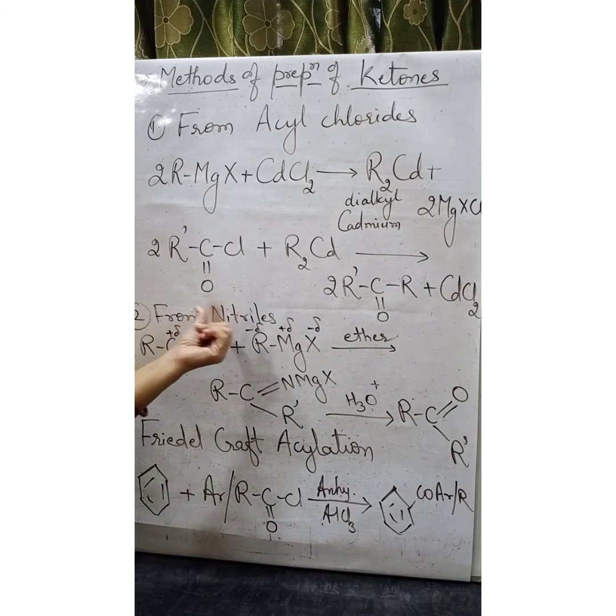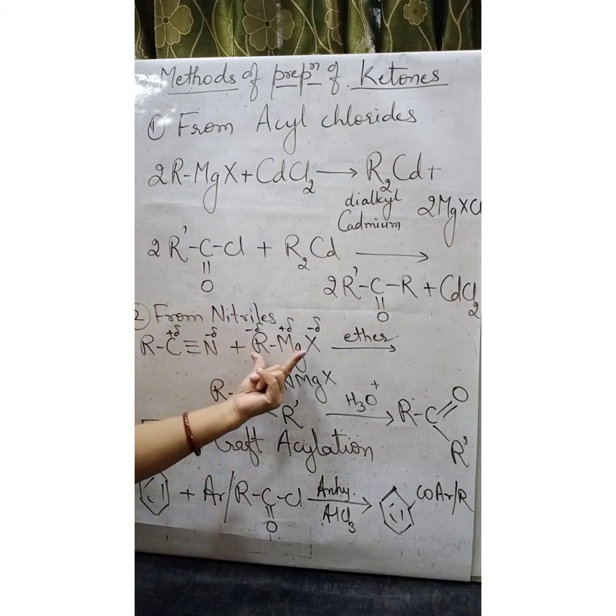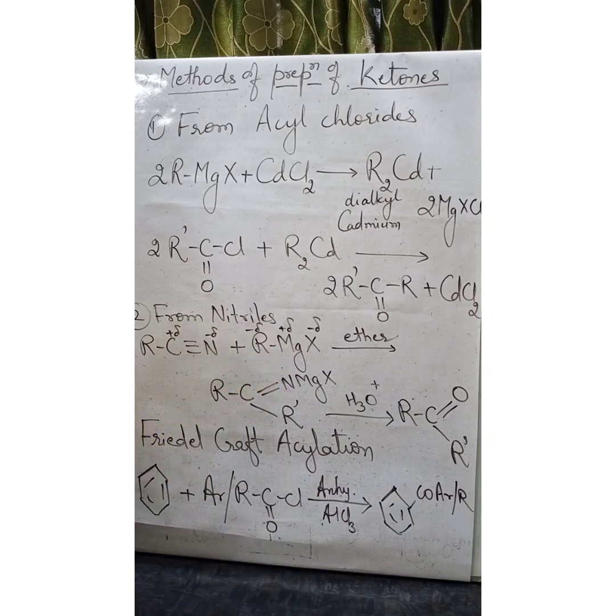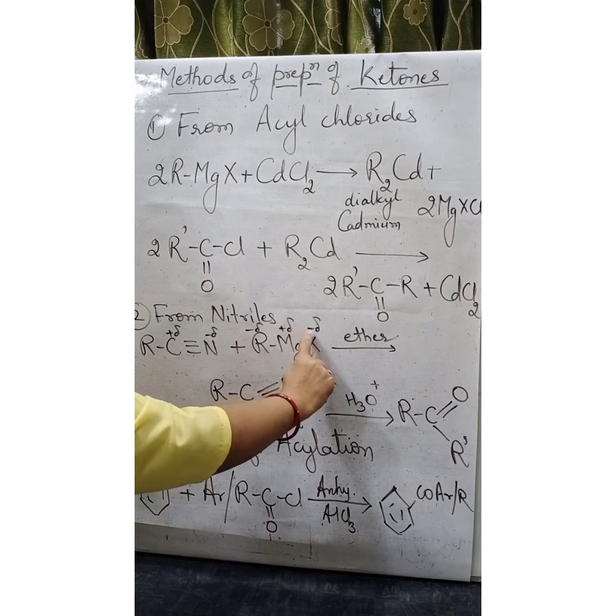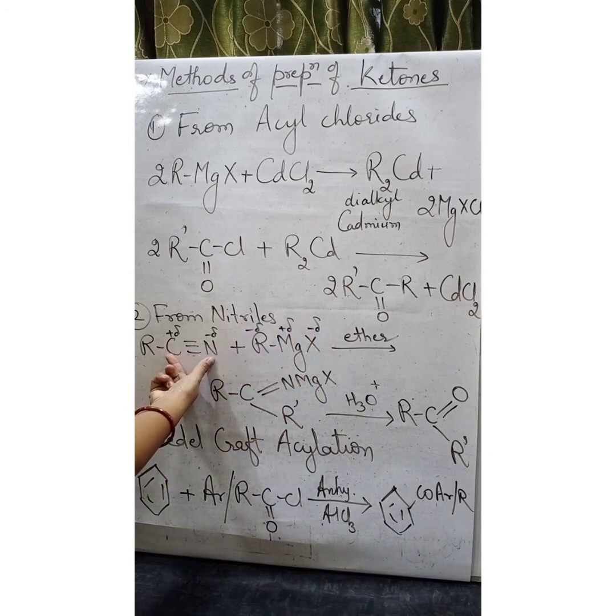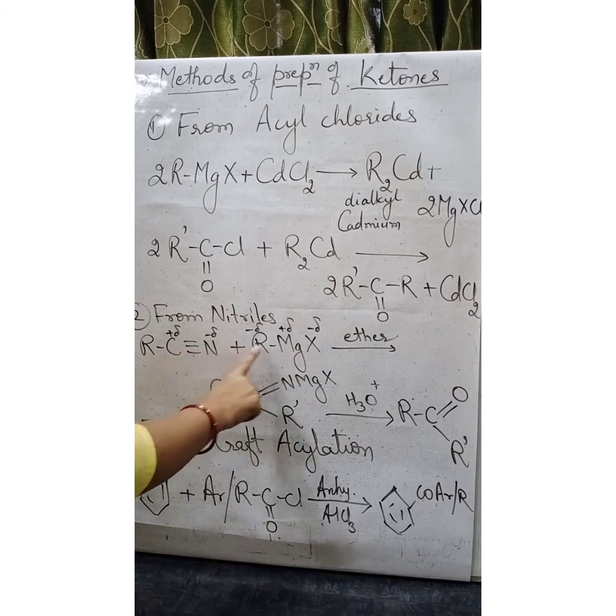It can also be prepared from nitriles. Nitriles on treatment with Grignard reagent. You can see Grignard reagent is δ-, δ+, δ-, and C≡N we can separate as nitrogen is more electronegative compared to carbon. Now you have to remember that the negative group is going to attack the positive side and the positive group will attack the negative side.